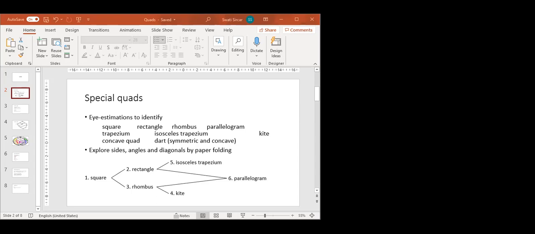Now, when you can fold a shape like that, what kind of symmetry does it have? There is some symmetry, but which one?